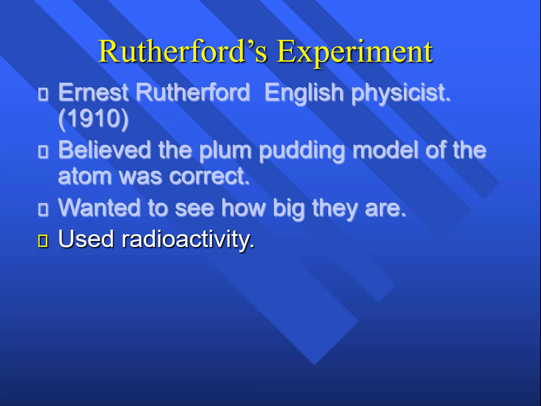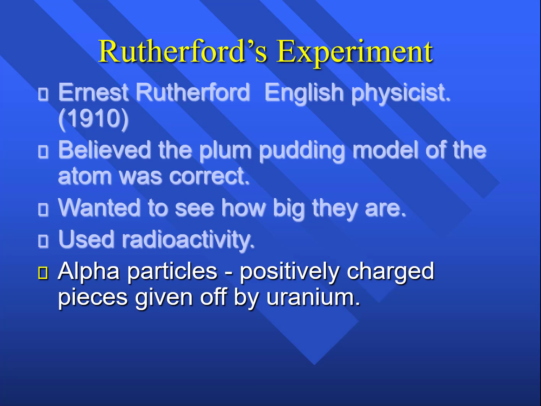Nobody knew why radioactivity worked, but they knew that one kind of radioactivity is alpha particles. We'll learn later that an alpha particle is a helium nucleus. But for right now, the important part is that the pieces are positively charged and they're much heavier than electrons.